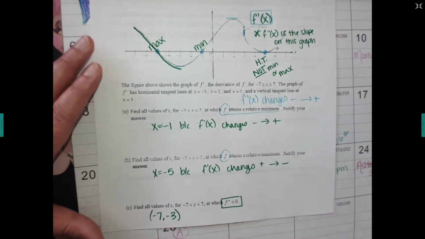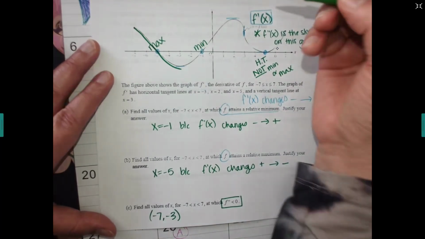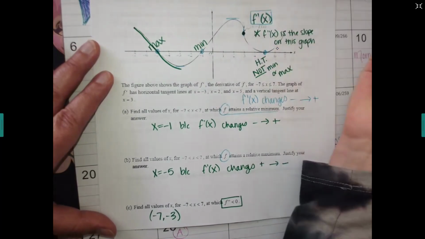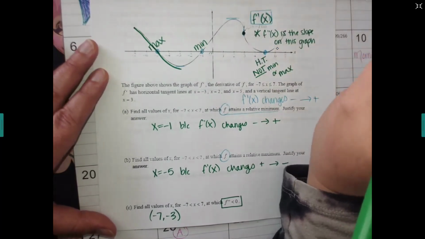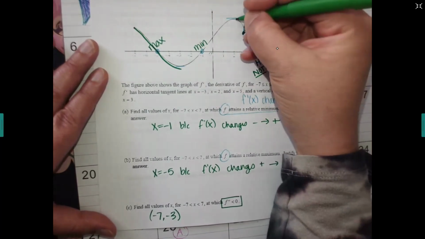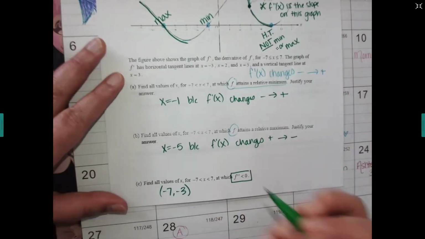Now, 2 to 5, you have to be a little bit careful here, and here's why. What happens that they specifically told you about at this point? It's undefined, right? It's vertical. So is the slope at that point technically still negative? No, so you should break it down and say from 2 to 3, and then from 3 to 5.